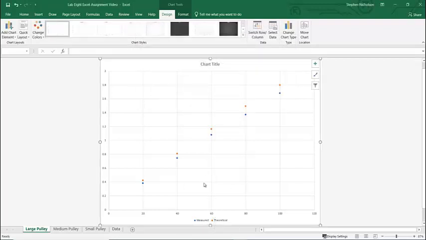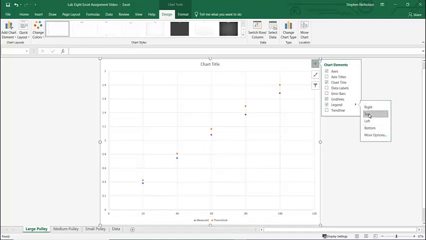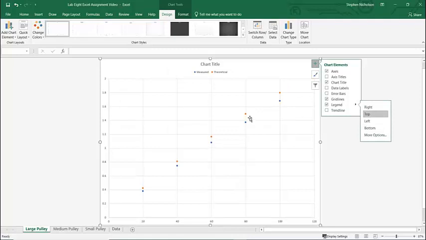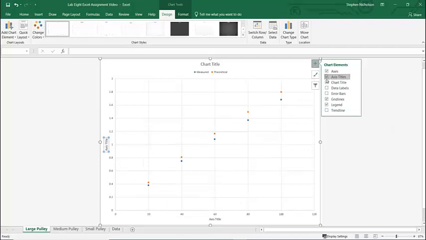Now I don't like the labels at the bottom, so I'm going to click on my little plus sign here. It has a legend, but if you click to the right here, there's a little triangle. I'm going to move it to the top. In addition, I want axis titles, so I'm going to click on axis titles. I could change the fonts, but I think we'll just skip over that this time. So we just need some labels.